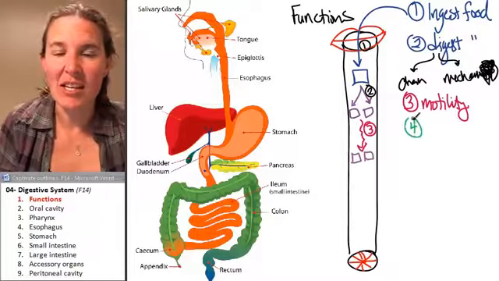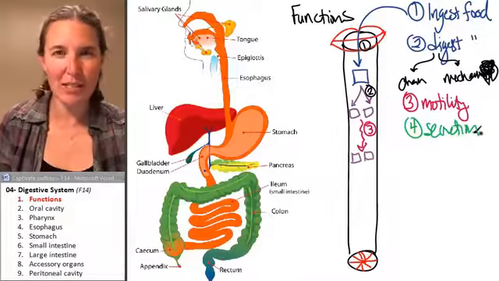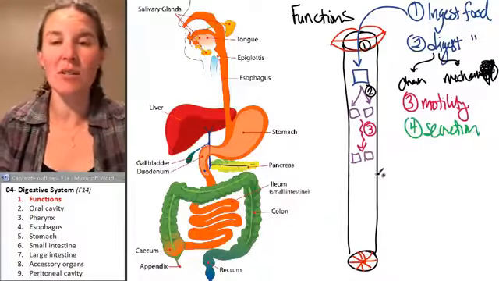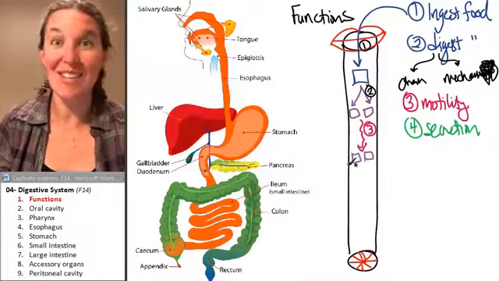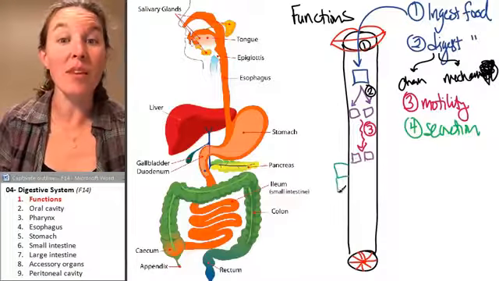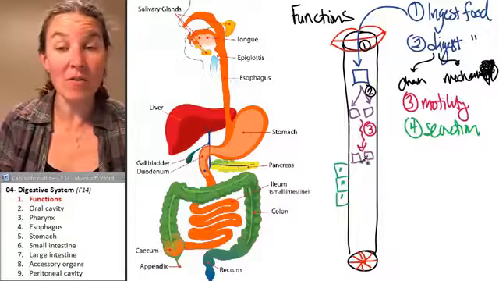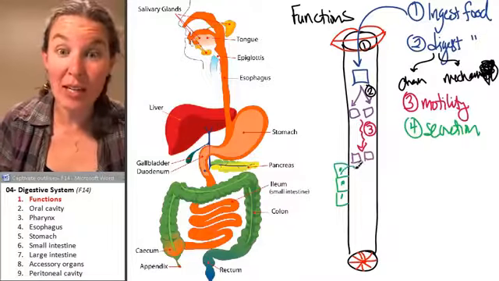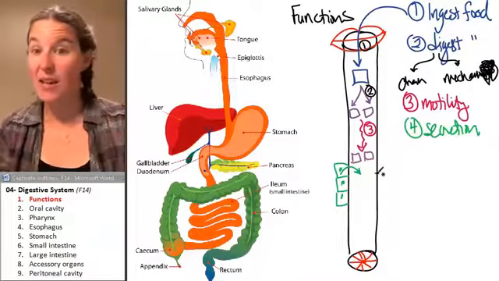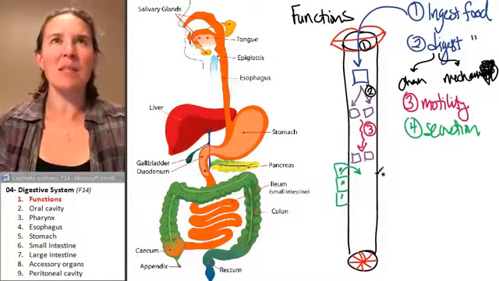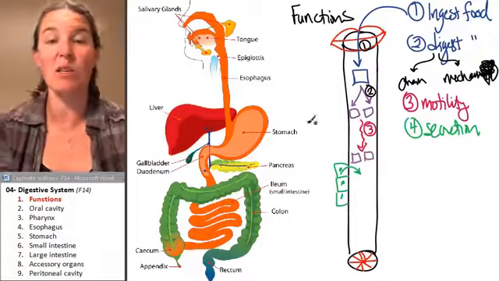We also have, I love this one, another function: secretion. And it's probably a good idea. We're going to see secretion in lots of different scenarios. Secretion is when body cells, like the epithelial cells lining the lumen of my digestive tube, actually produce substances: digestive chemicals, mucus, other enzymes, even sometimes some waste products are actually secreted into the digestive tube.